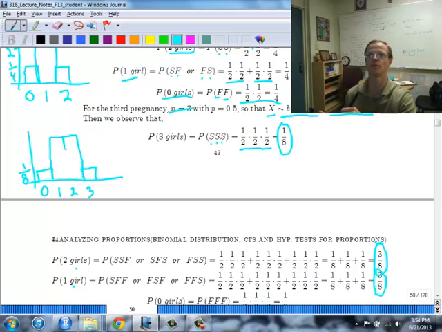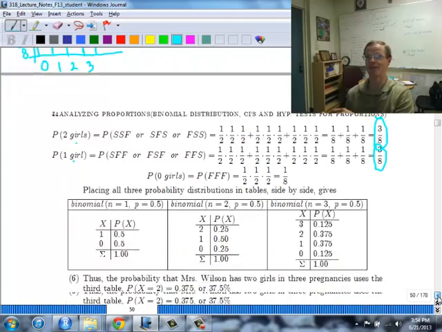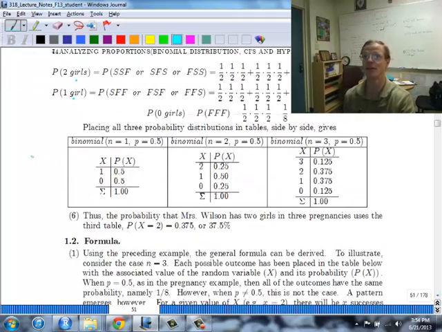And so this is what the distribution looks like. You can see again it's perfectly symmetric, just as the other 2 were. And the cool thing is that scales up to any size n.